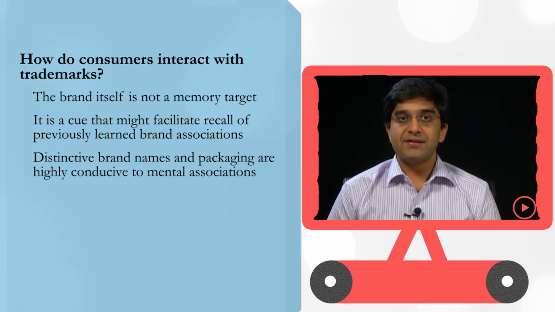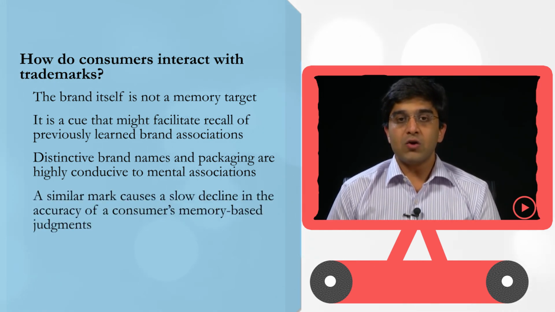What happens if someone else starts using a similar mark? It causes a slow decline in the accuracy of consumers' memory-based judgment. This means that consumers start doubting whether the association that they had with a particular brand is correct or not, whether they can any longer rely on a particular word, numeral or type of packaging to be sure that the product comes from a particular source.